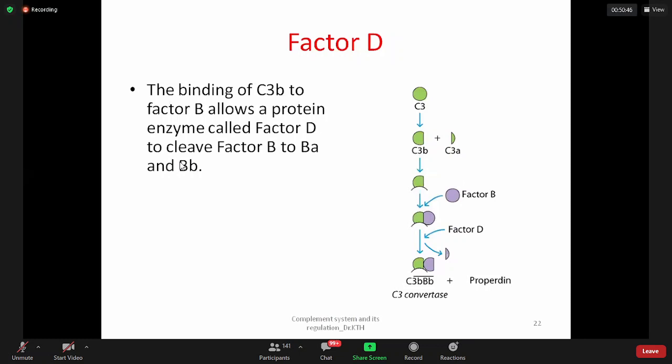Like we said, normally those with an A will not bind. So the binding is done by B. So the BB will bind with C3B to form C3B BB. But this C3B BB is actually unstable.